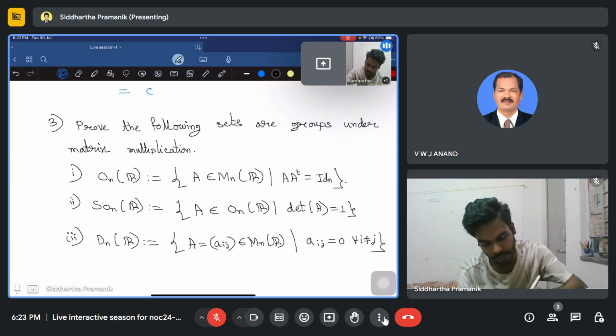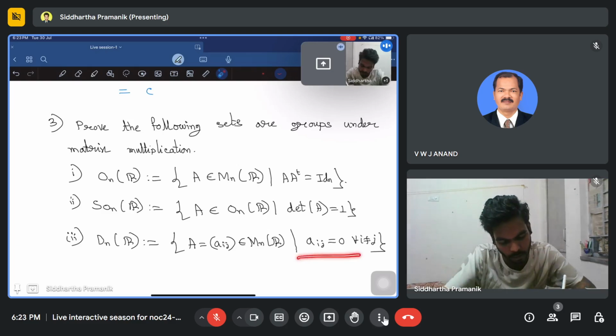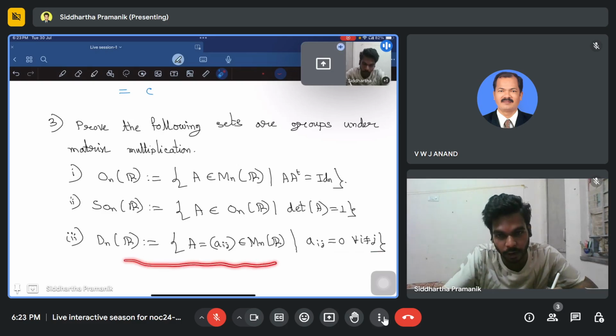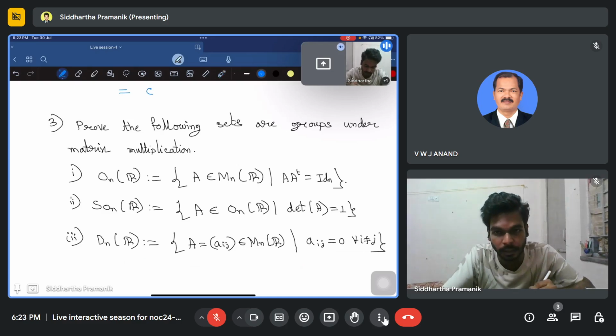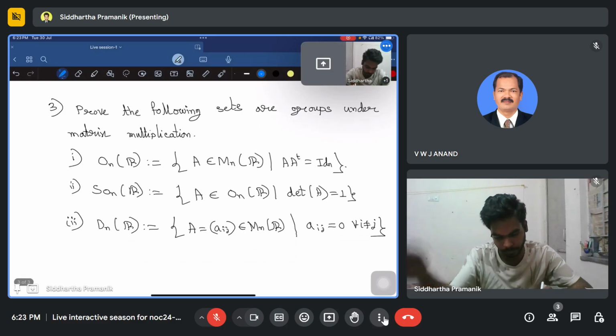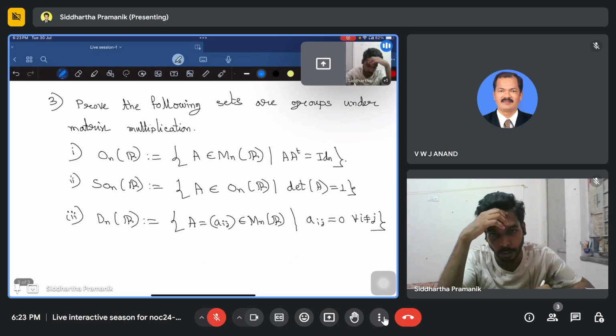That means all non-diagonal entries of the matrices are 0. So basically this is the set of all diagonal matrices of order n over R. So we need to prove these three sets form a group under matrix multiplication. I hope you have no doubt in the definition of these sets.